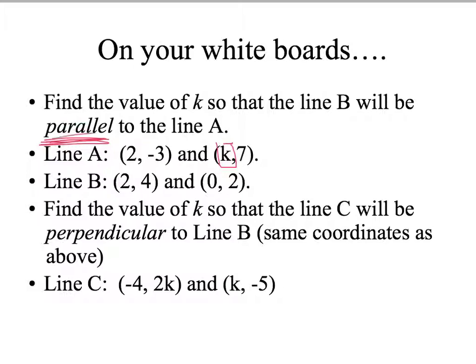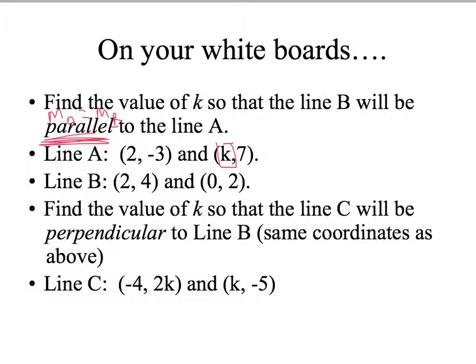The two lines are parallel, which means that the slope of line A is going to be equal to the slope of line B. From there I can set up the two ratios equal to each other.